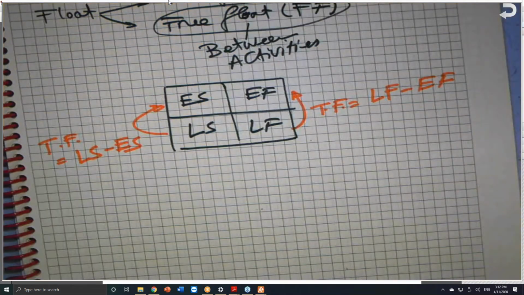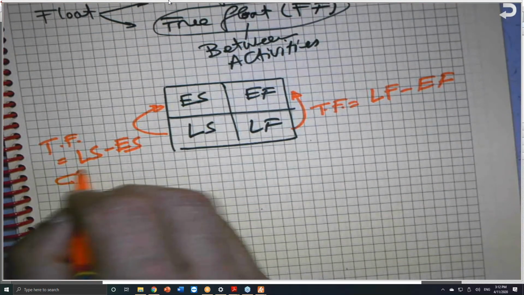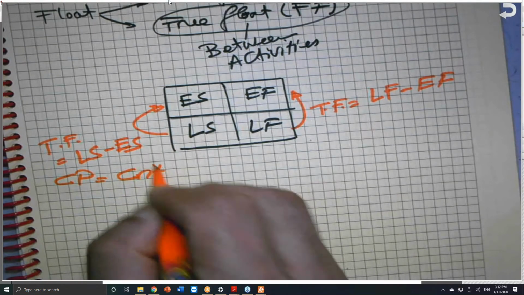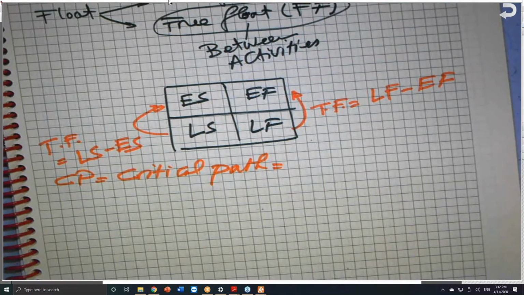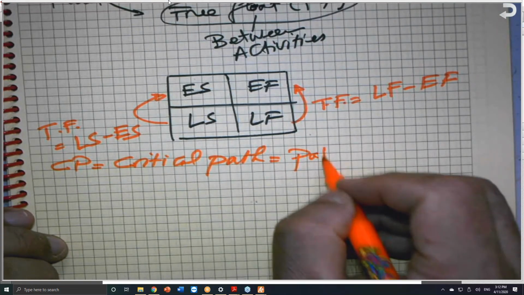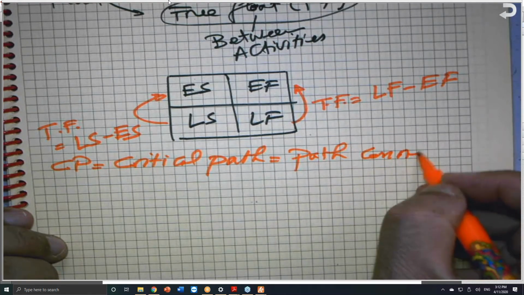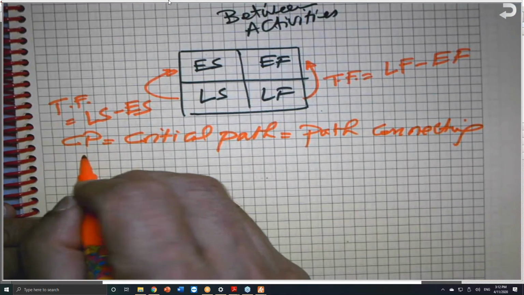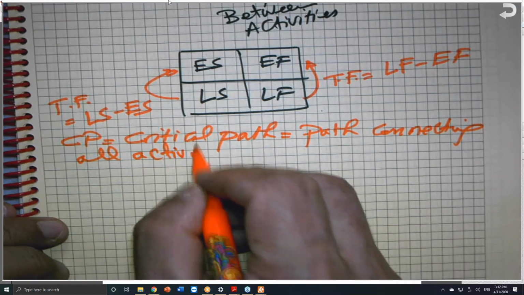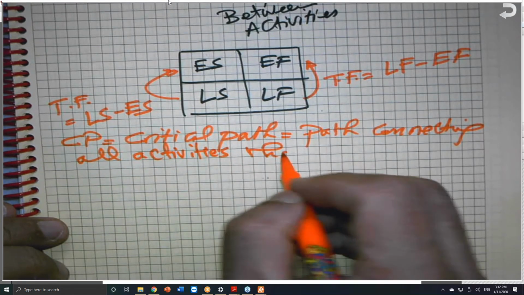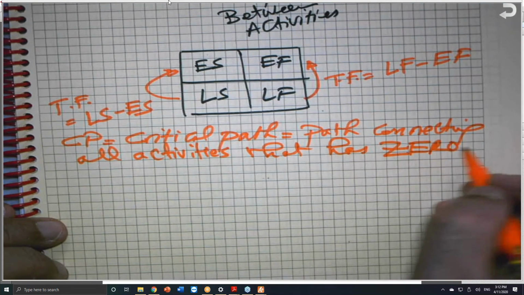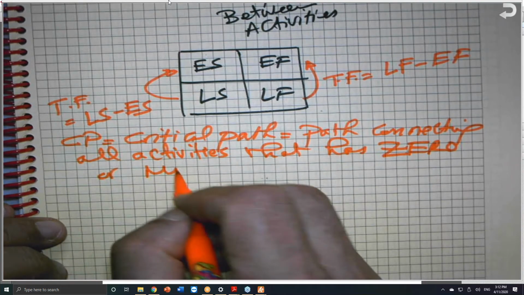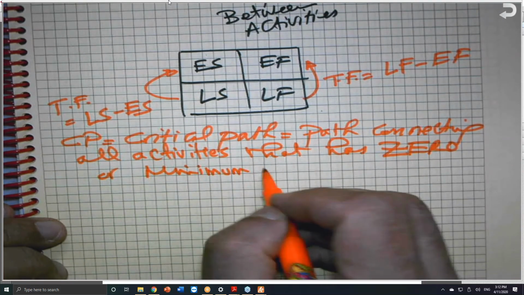Let me write it down here as a reminder. So the critical path, the CB, is a path connecting all activities that has zero or minimum float.